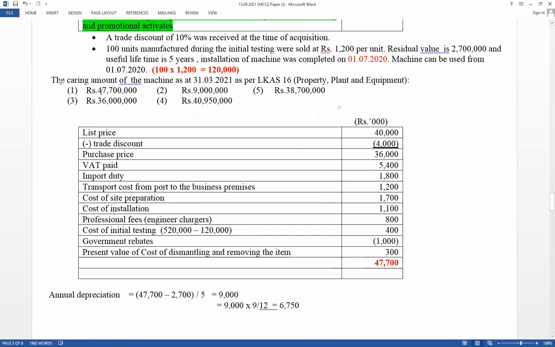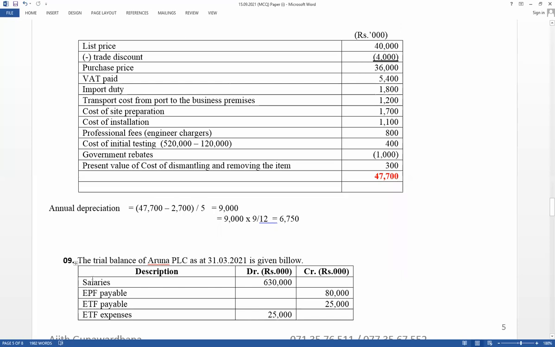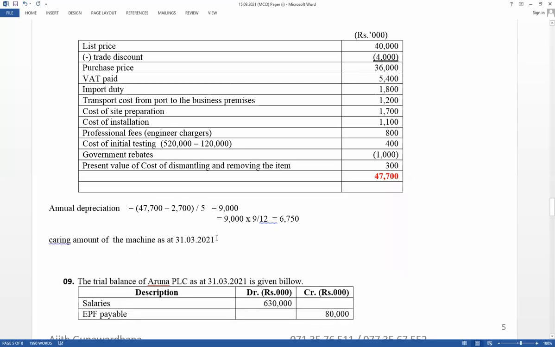Now calculate the carrying amount at 31st March 2021. The carrying amount equals the cost value calculated already. Cost value equals 47,700. From that value deduct 6,750, not 9,000, because the asset was available during the accounting period for only 9 months. 47,700 minus 6,750.